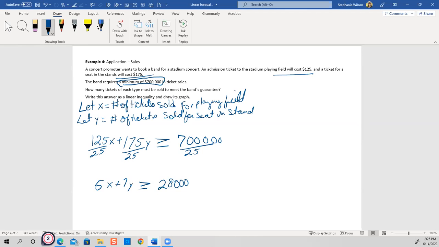Now I can graph this. Let's plot our x and y intercepts. If you wanted to, you can mark the axis in thousands since we got the numbers down a little bit better. So we can go 1,000, 2,000, 3,000, 4, 5, 6, 7, 8, 9, 10.